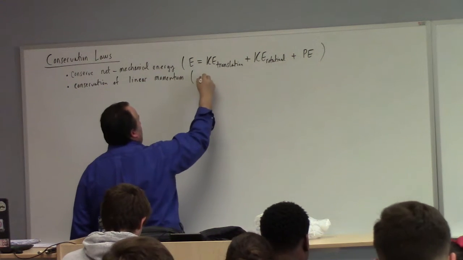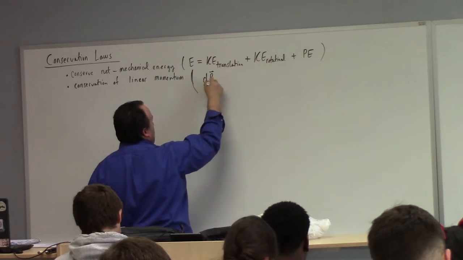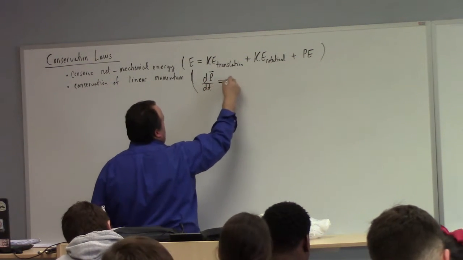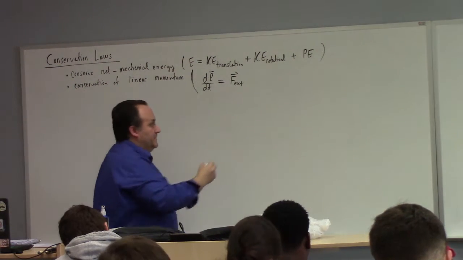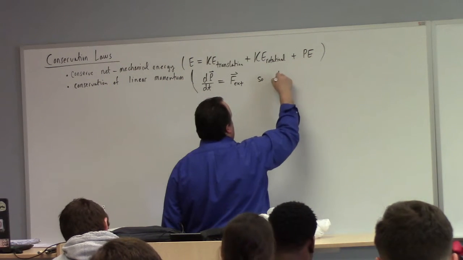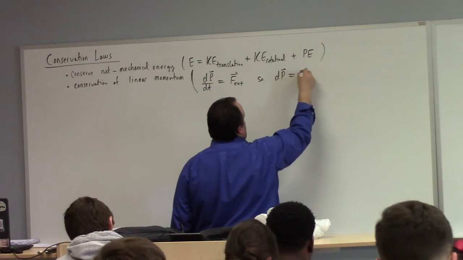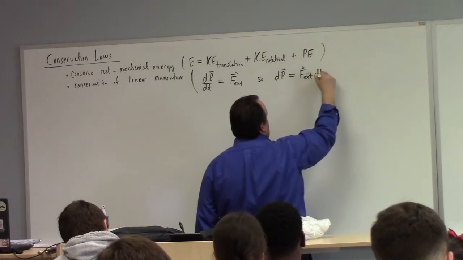And so there we have, basically, the big story is that dp/dt is equal to the net external force on some system, right? So dp is equal to the external force times dt.